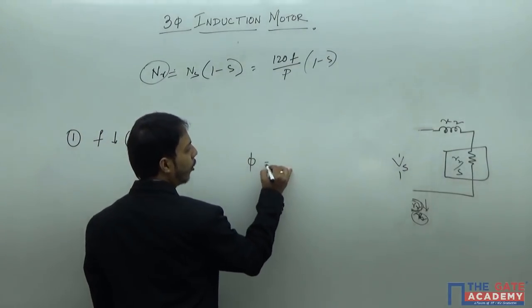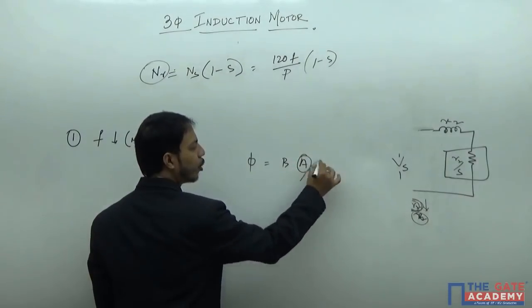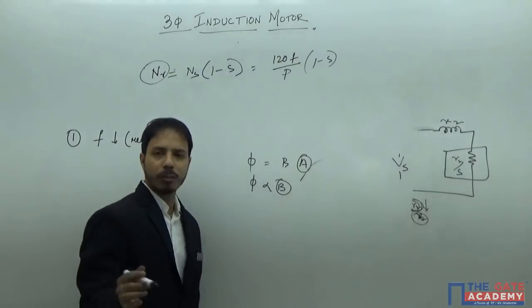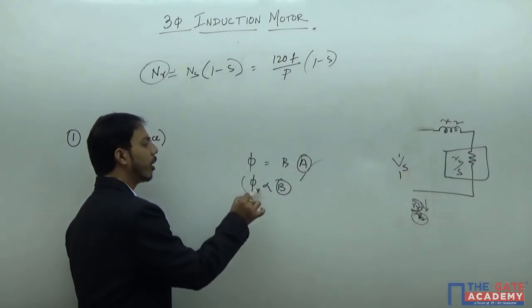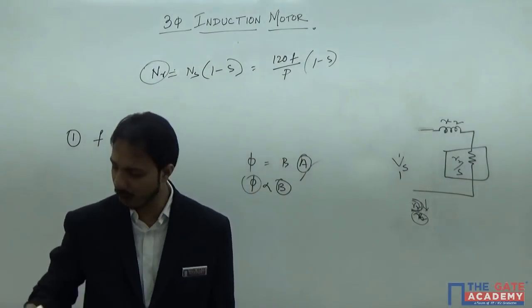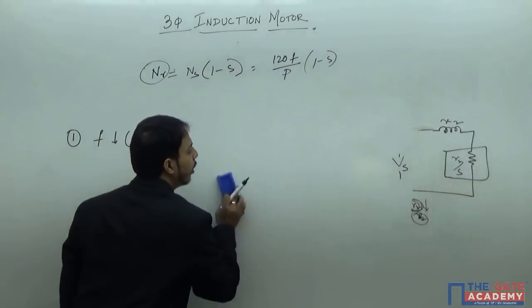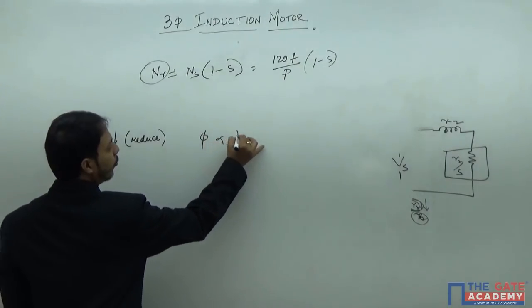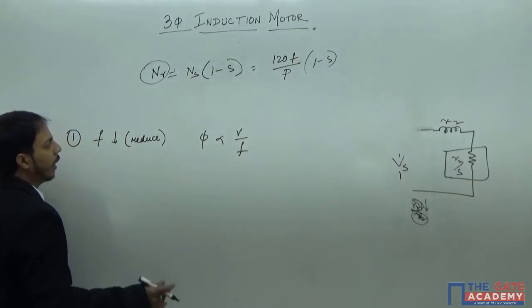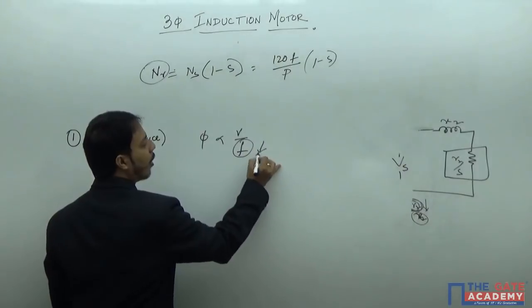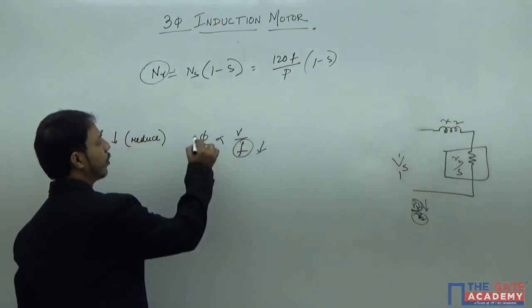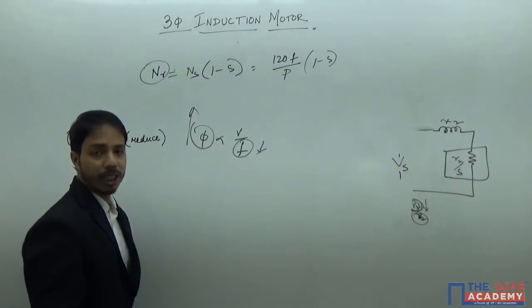Flux is equal to B into A, and with area constant, flux is directly proportional to B. I don't want my B to increase, so in other words, I don't want my flux to increase. Now we know that flux is proportional to V by F. If I reduce my frequency while keeping my voltage constant, the flux will increase, which I do not want.